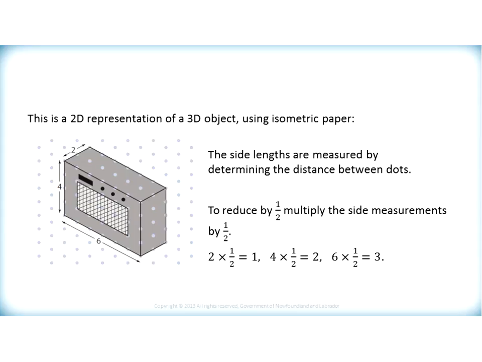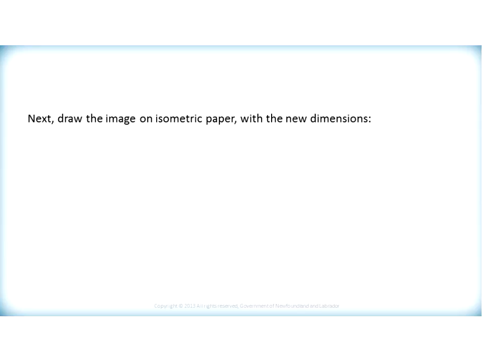So using isometric dot paper, I'm going to do the same diagram but in a smaller size. So we can see that here. The depth now has a measure of 1 unit. The height of my diagram has a measure of 2 units. And the length of my diagram now has a measure of 3 units as opposed to 6, 4, and 2 as they were before.